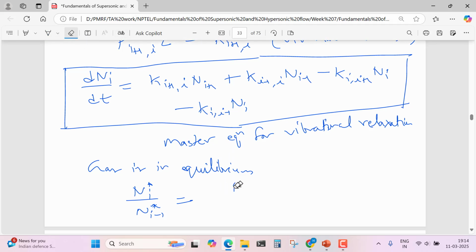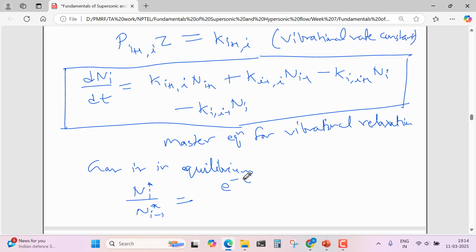For bidirectional transitions, the degeneracy will be equal, so it will be e to the power minus epsilon i upon kT, upon e to the power minus epsilon i minus 1 upon kT, which will be e to the power minus (epsilon i minus epsilon i minus 1) upon kT.